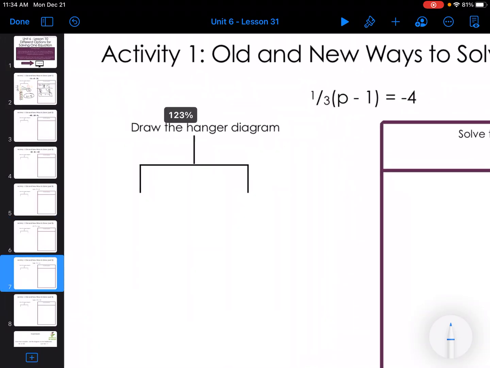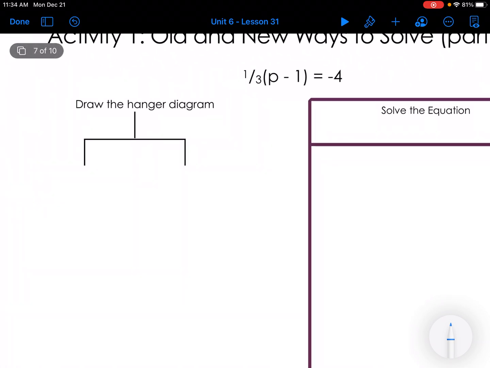All right, so now they're saying 1/3. That's the distributive property. So how could I draw that?